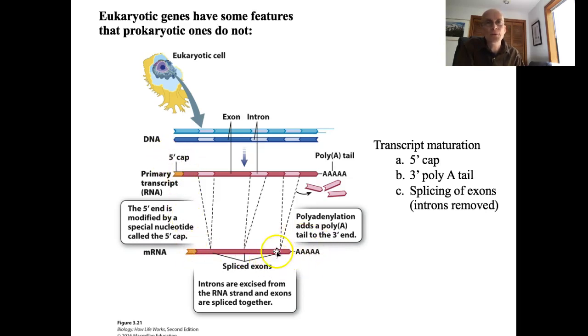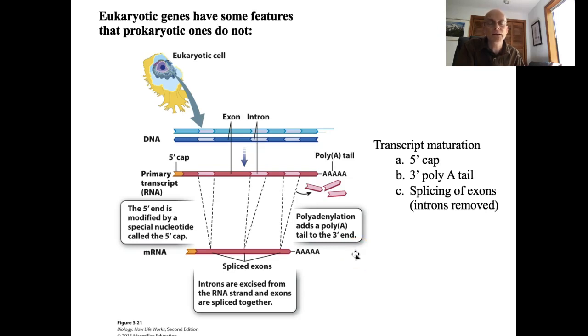And then at the 3' end, it's called a poly-A tail. That's another structure that allows the mRNA in between to be safe from enzymes that degrade RNA all the time. The poly-A tail is just a bunch of nucleotides that are all A's, and the cell knows what to do with that.